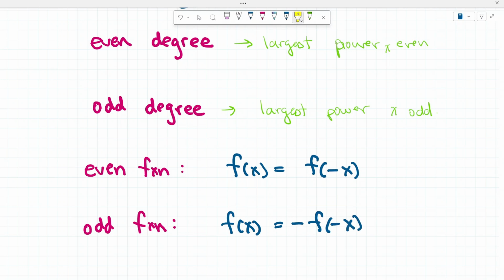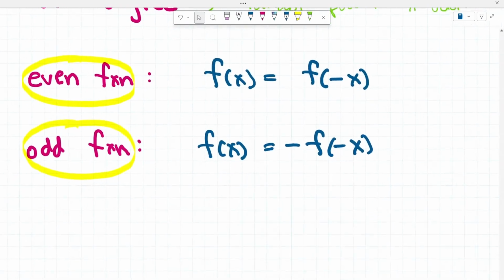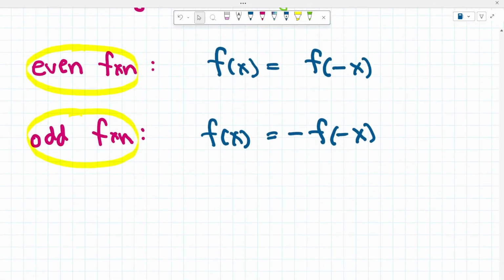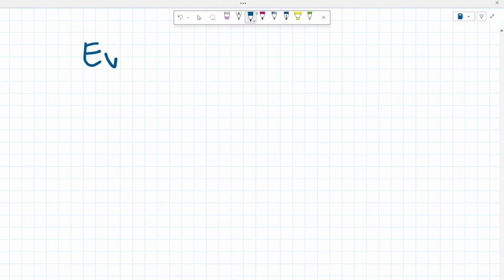So if you're able to classify your function as either an even function or odd function, you're automatically able to uncover the true symmetry of the polynomial, which is quite amazing. So let's take a moment and dive into each of these a little bit separately. So let's start here with our even functions. So this is an even function or even polynomial here.